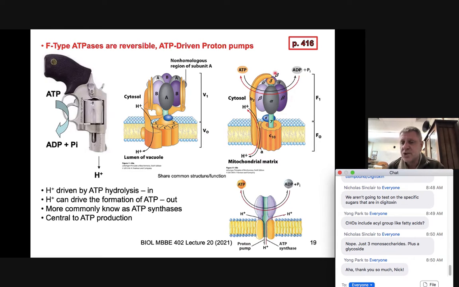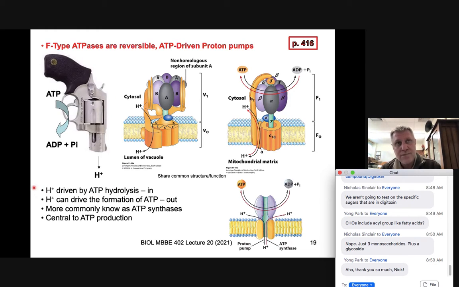So this is an illustration of a reversible ATPase in regards to being driven by a proton gradient to either consume ATP to make that proton gradient, or utilize that proton gradient in the opposite direction to consume ADP to make ATP. So again, this reversibility becomes very important. Have a look on page 416.